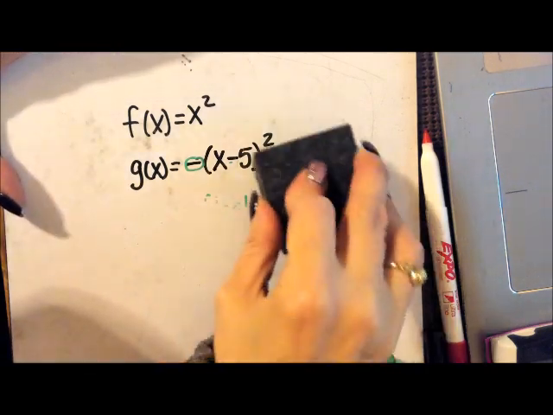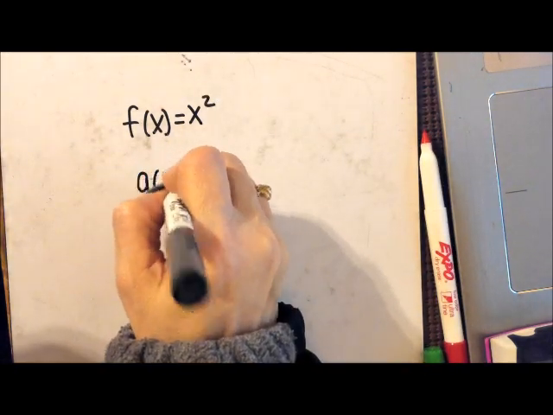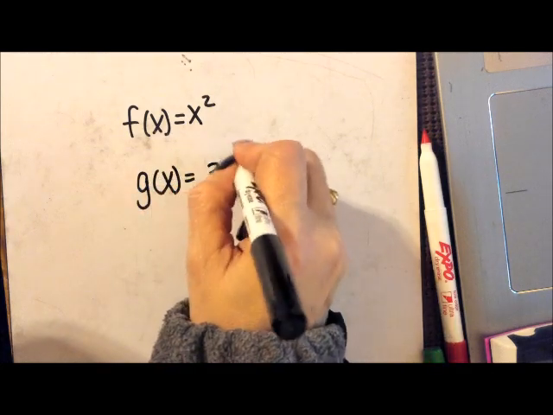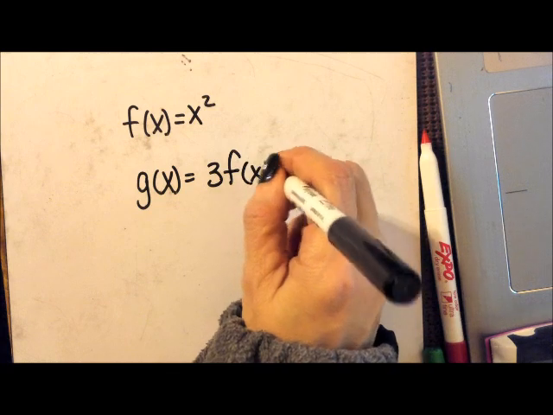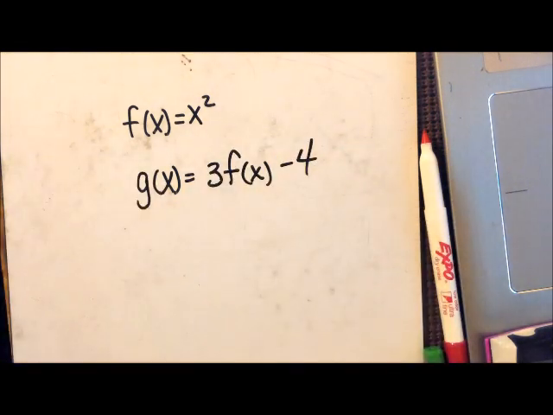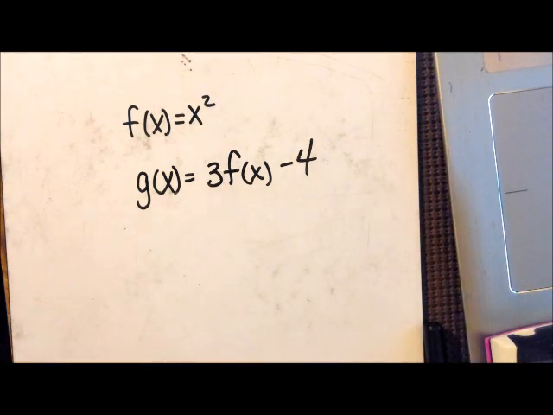Let's try one more. What if g of x equals 3f of x, minus 4? Okay, think in your head what you think happened, and I'm going to tell you. There are 2 transformations.